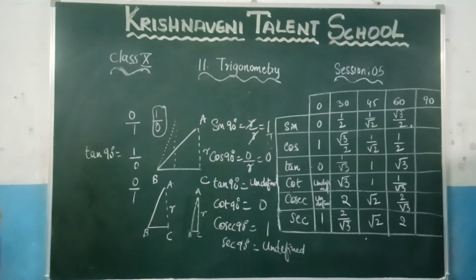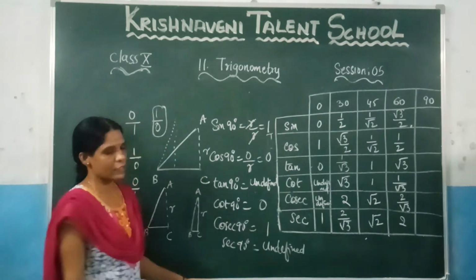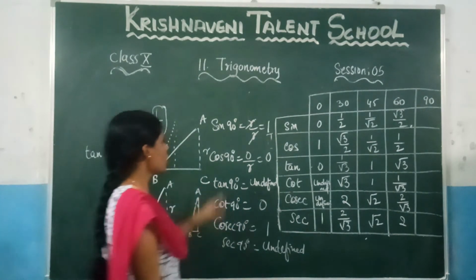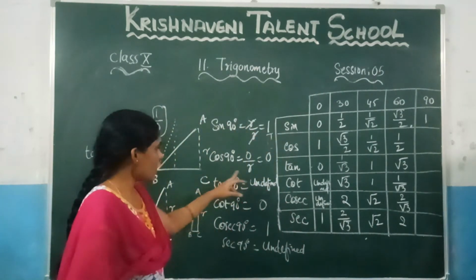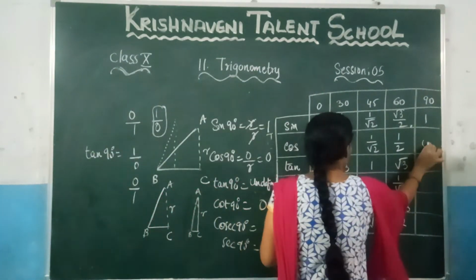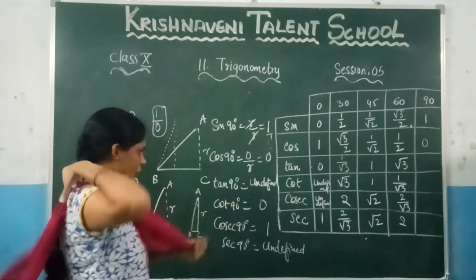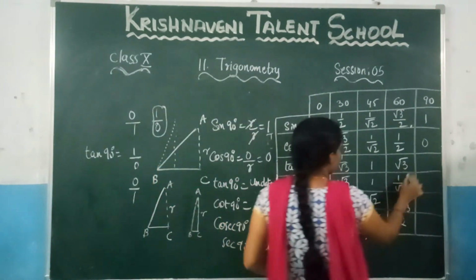So we have calculated all the values of 90 degrees. Let us fill in this table. What is the value of sine 90? It is 1. And cos 90? 0. And tan 90 is undefined.